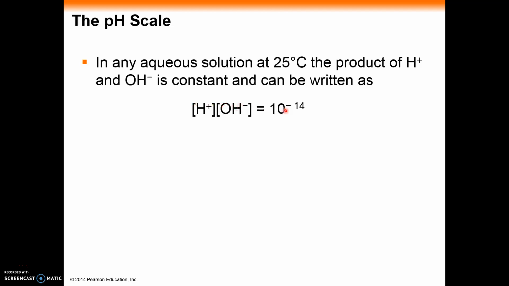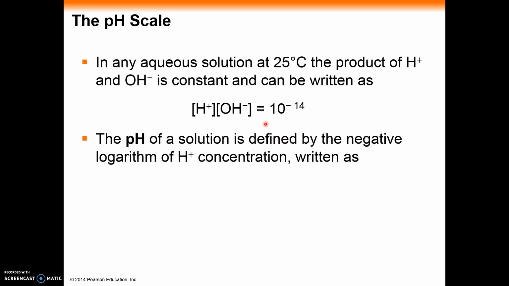If you multiply that together, the result is always 10 to the negative 14th. Okay? Don't get too caught up on why that is right now. Again, chemistry can go into a little bit more detail on that.